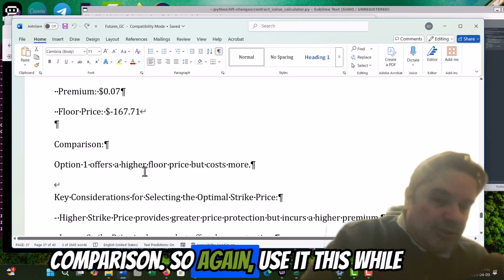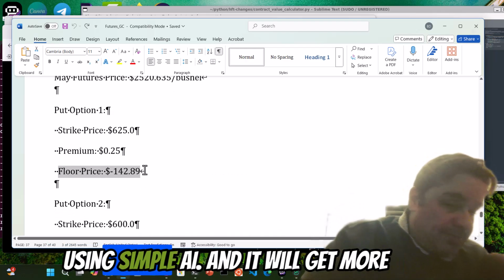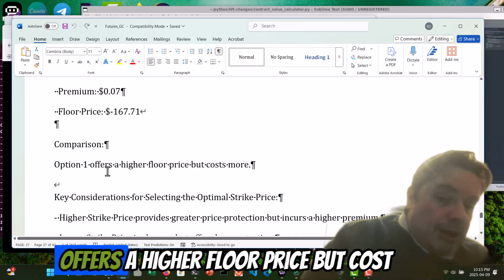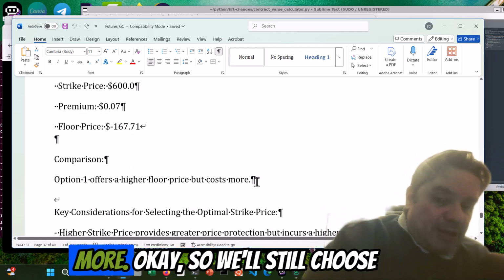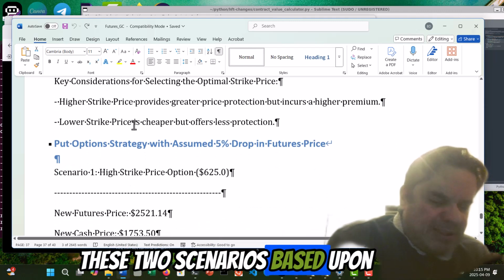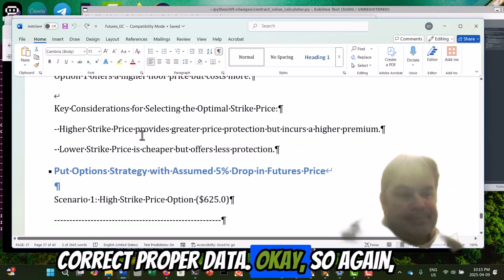We do a comparison. So again, this is all using simple AI, and it will get more sophisticated as I mentioned. Option one offers a higher floor price but costs more. Okay, so we'll still choose between these two scenarios based upon correct, proper data.